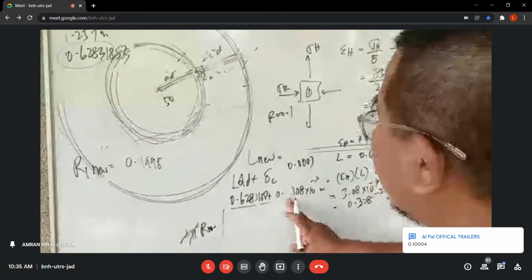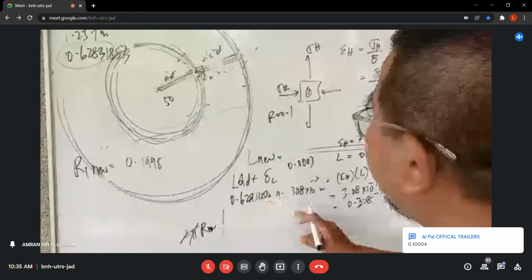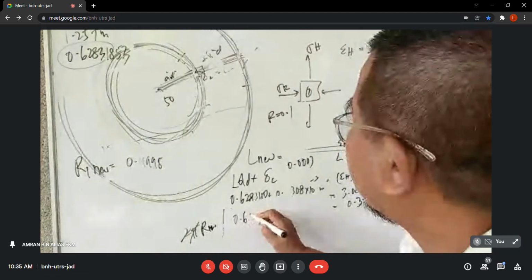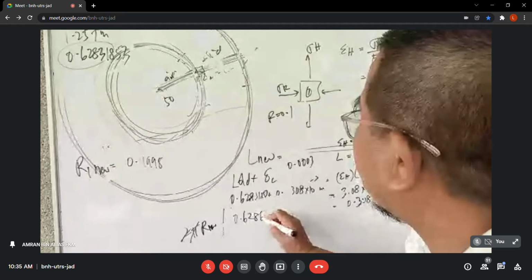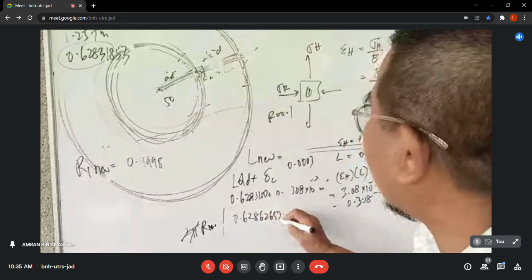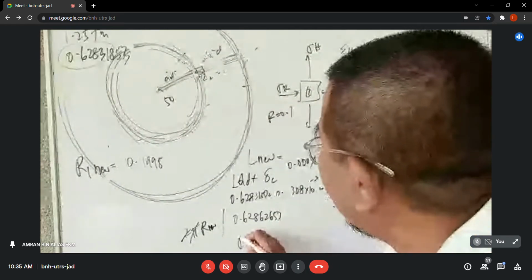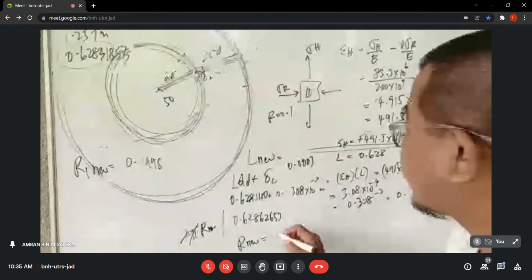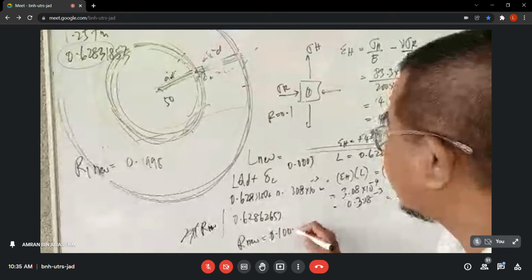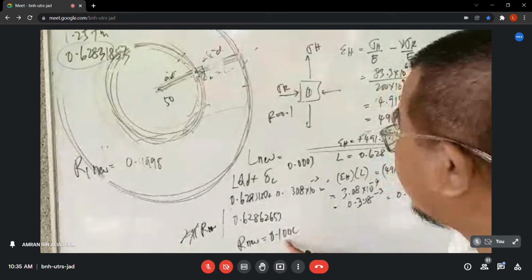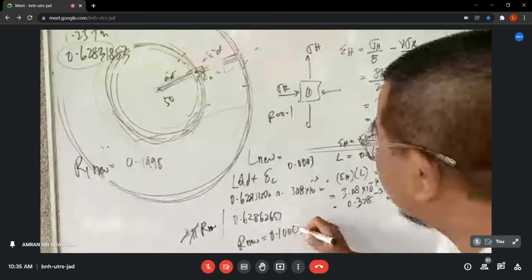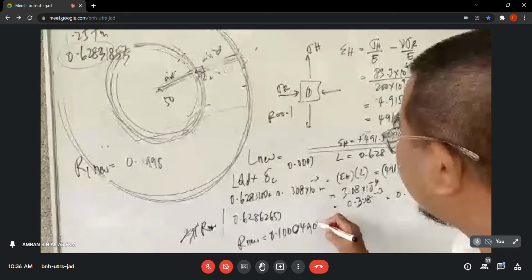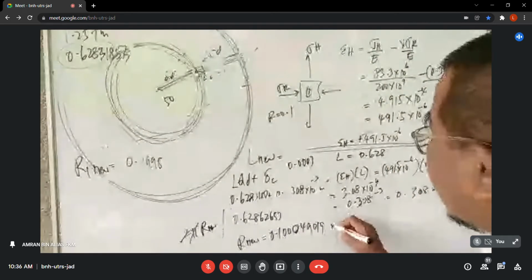Here, put the value first: 0.62862653. And then you got your R new. What is R new? 0.1000049019. So that is in meter.